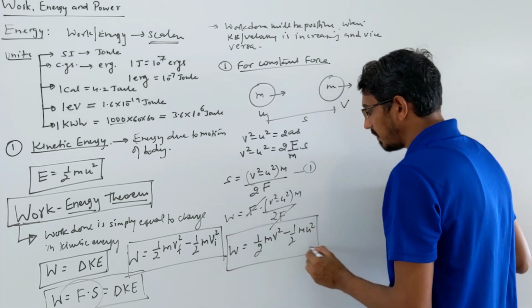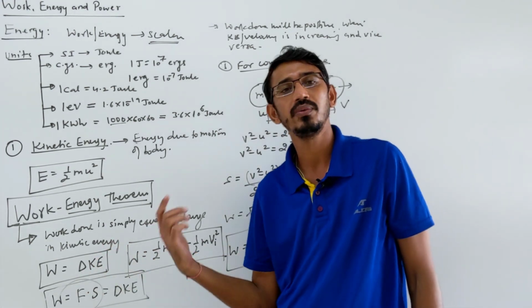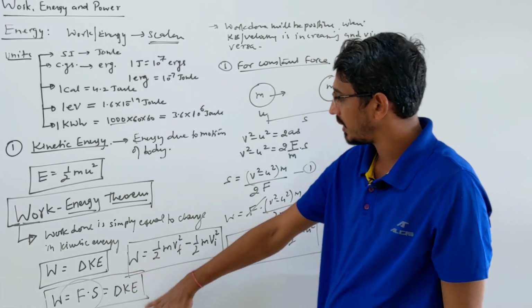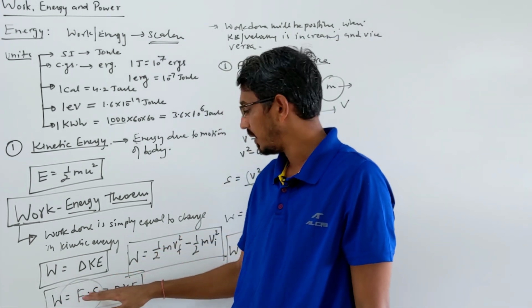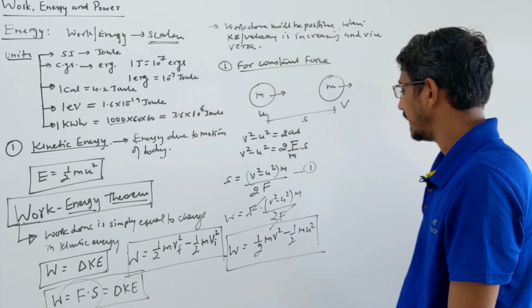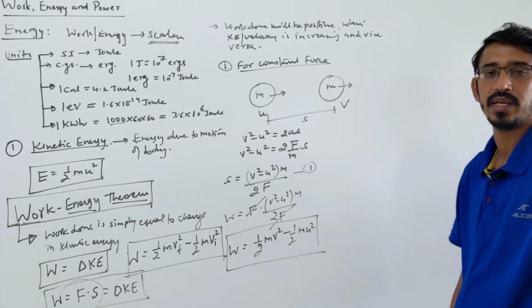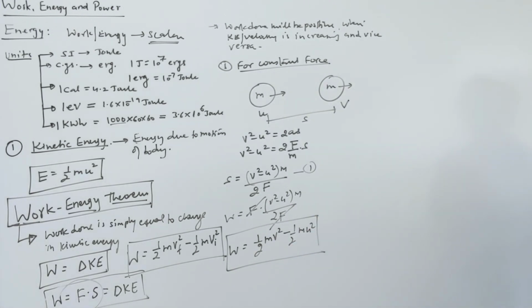This is nothing but simply the change in kinetic energy that we wrote here. Change in kinetic energy is called work done. So three things we are relating: work, force into displacement, and change in kinetic energy. Everywhere we have to write this equation, okay? So for constant force, yes, work done is simply equal to change in kinetic energy. Suppose you have variable force, then what happens?